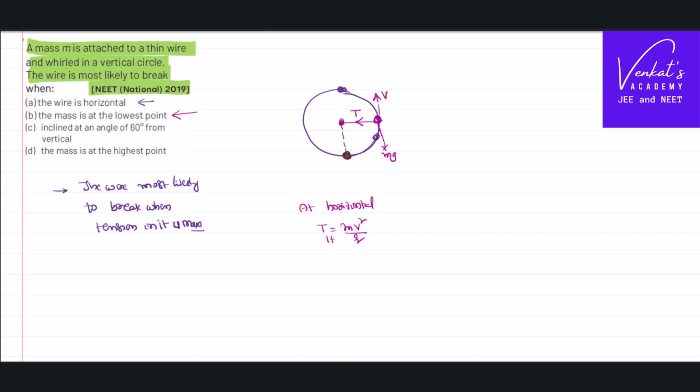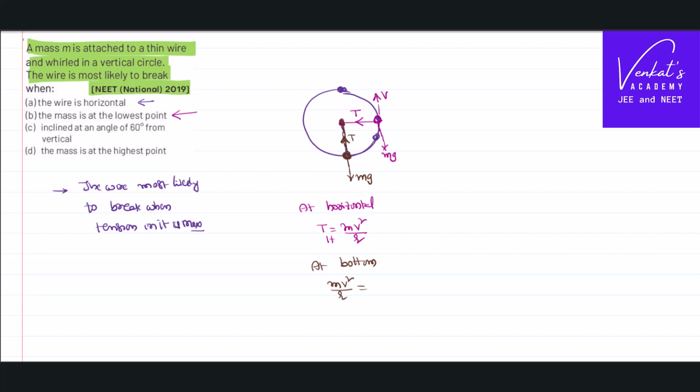Now, when the mass is at the lowest point, let us consider this point now. When it is here, what are the forces acting? Weight mg obviously in the downward direction, tension T towards the point of suspension. So at the bottom, the centripetal force is provided by the effective of these two forces.